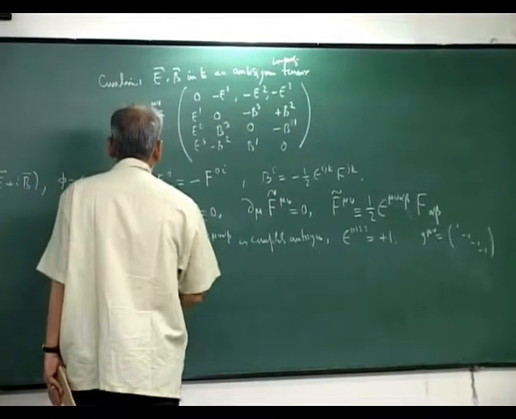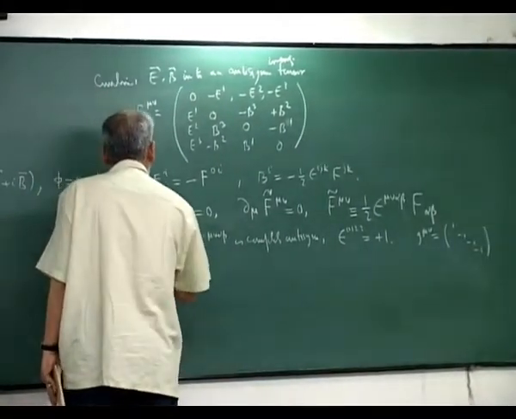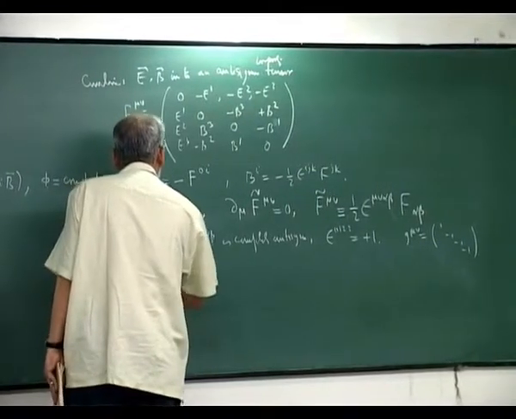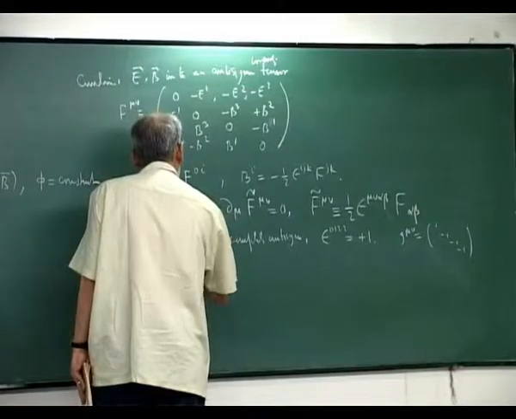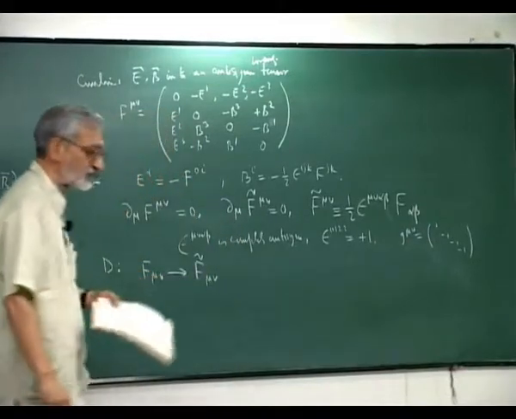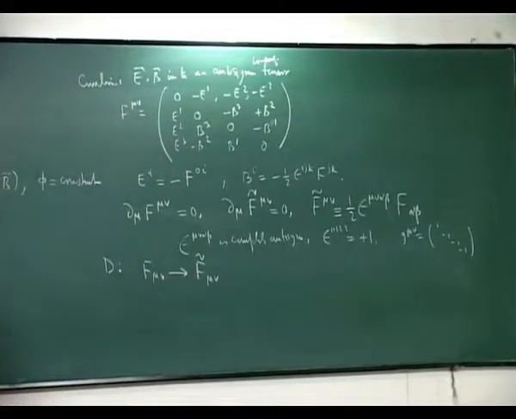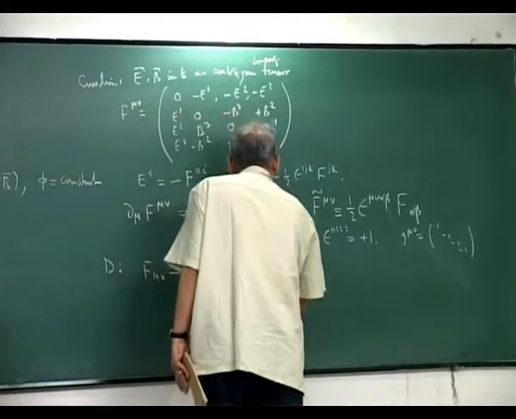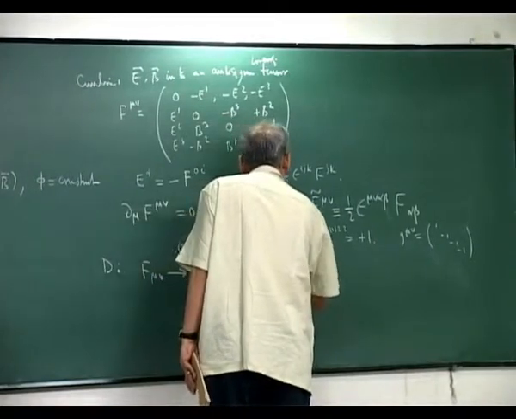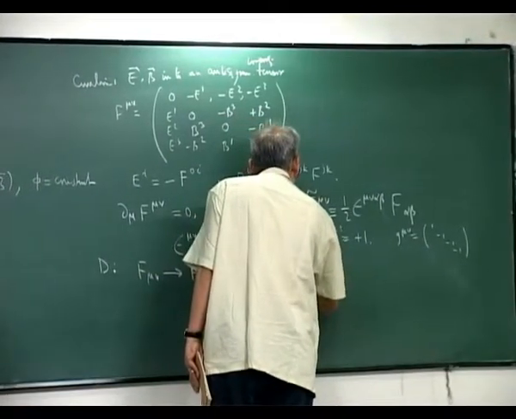Written in terms of these objects, the discrete duality transformation is F mu nu goes to F mu nu dual, and F mu nu dual goes to minus F mu nu.